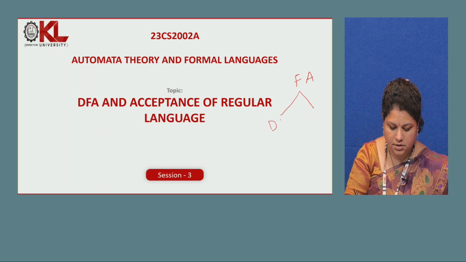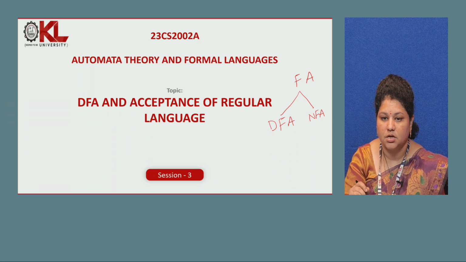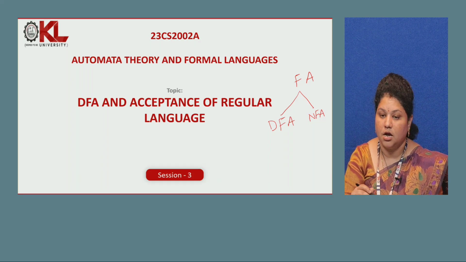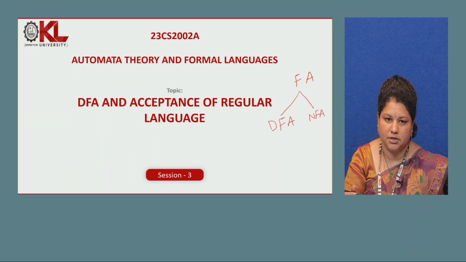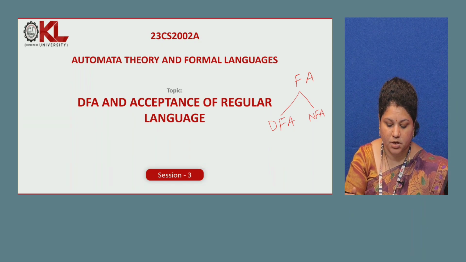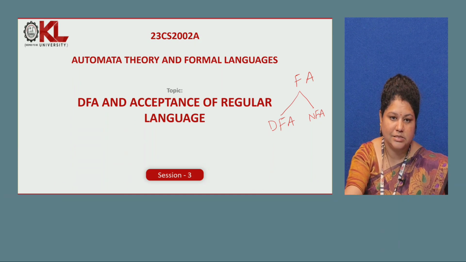First one is DFA, second one is NFA. So in finite automata we are considering deterministic finite automata, and the second one is non-deterministic finite automata. So what is the DFA? We'll see.